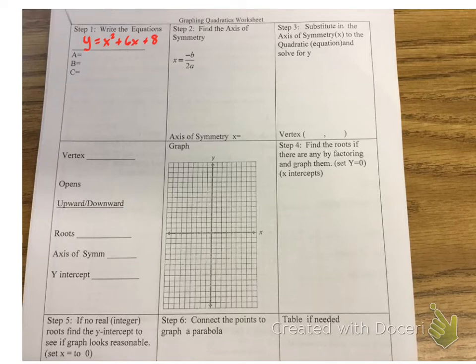Let's go with Artem. A is 1, B is 6, C is 8. Okay. Now, do we know what to do with those? Let's find our axis of symmetry. I want you to do it right now. You guys go.